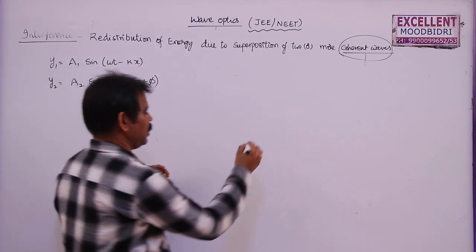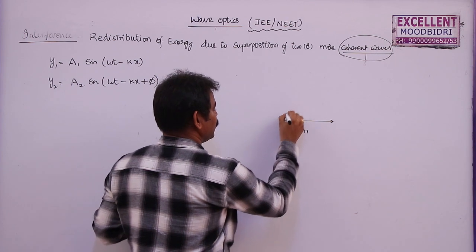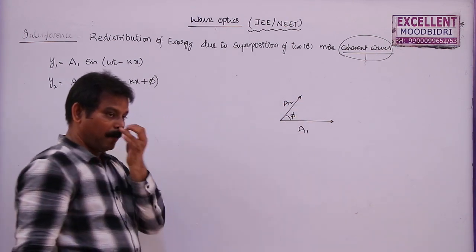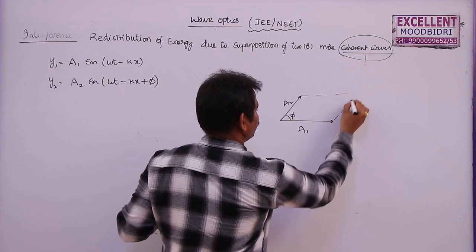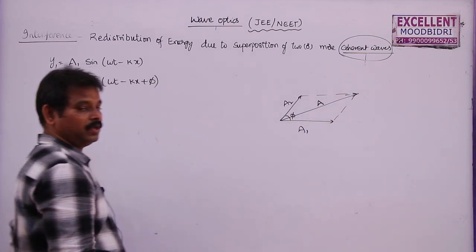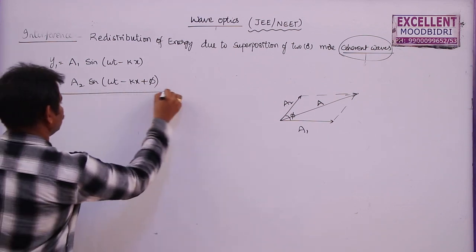So I am going to take only the amplitudes here. This is a1 and let us say this is a2, having a phase difference of phi. When these two superimpose with each other, we will get a wave of resultant amplitude A. So how to find the resultant amplitude of the wave on superposition of these two waves?